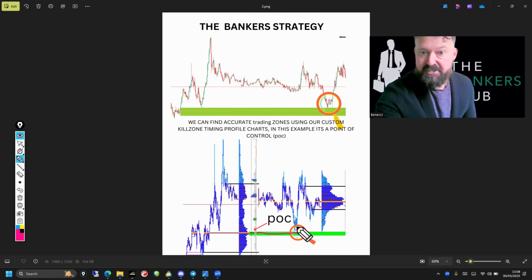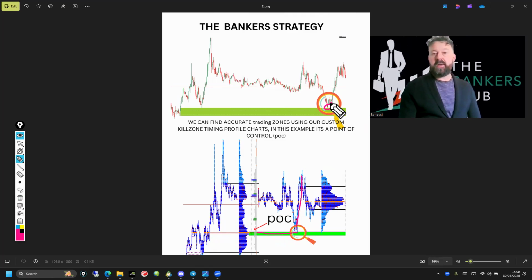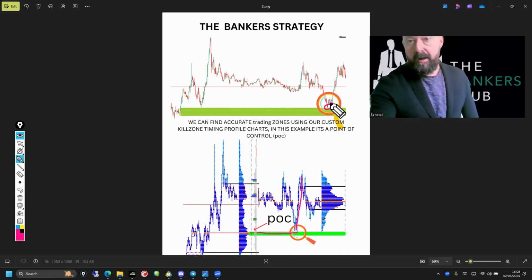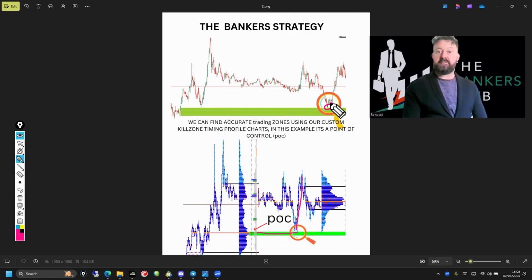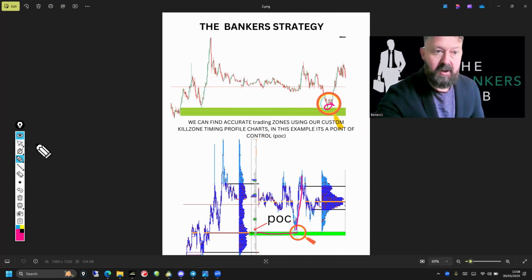And you can see we rejected for a 60 pip move up, and that is that area there. So straight away, we can use our market profile software to validate the trade and give it a much higher probability that it's going to be a high winning trade setup.